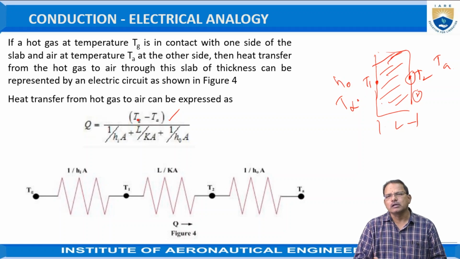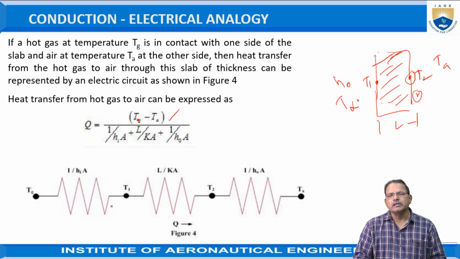So this is a flow of energy in three stages. One is convection from the hot fluid to the object. The second is conduction in the slab. The third is again convection from the outer surface of the object to the atmosphere.